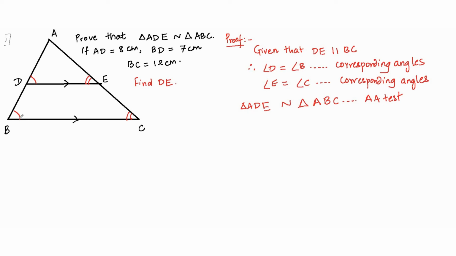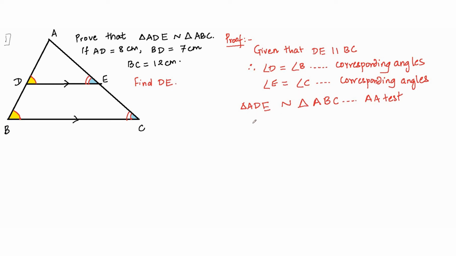Angle D is equal to angle B and angle E is equal to angle C. So two angles of one triangle are equal to two angles of the other triangle, and that is why by the AA test these two triangles are similar to each other. So the similarity part is proved.